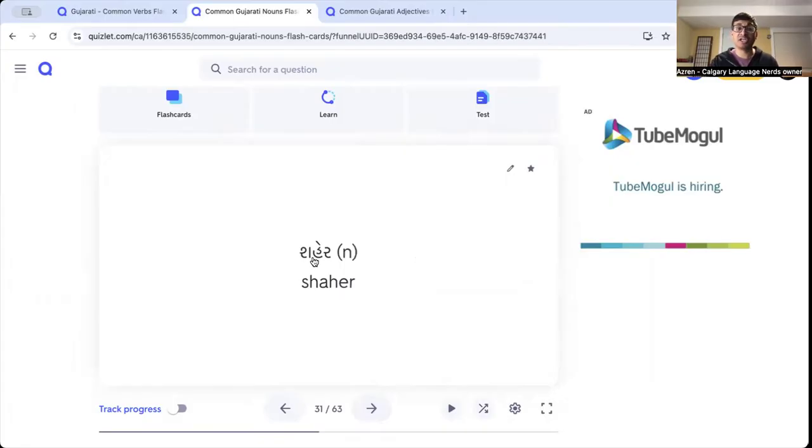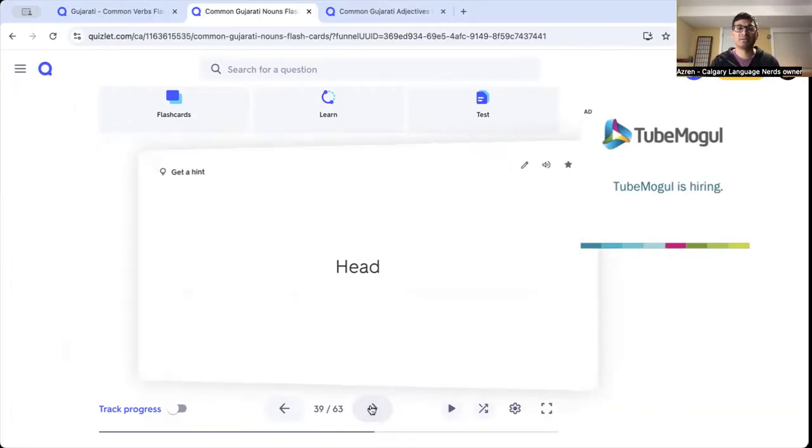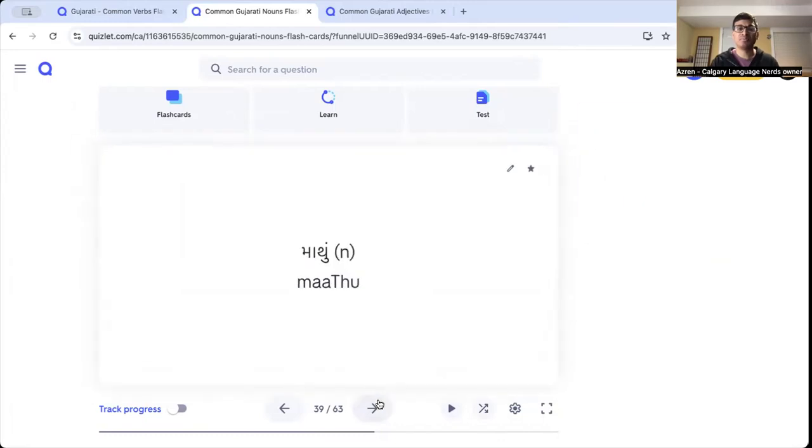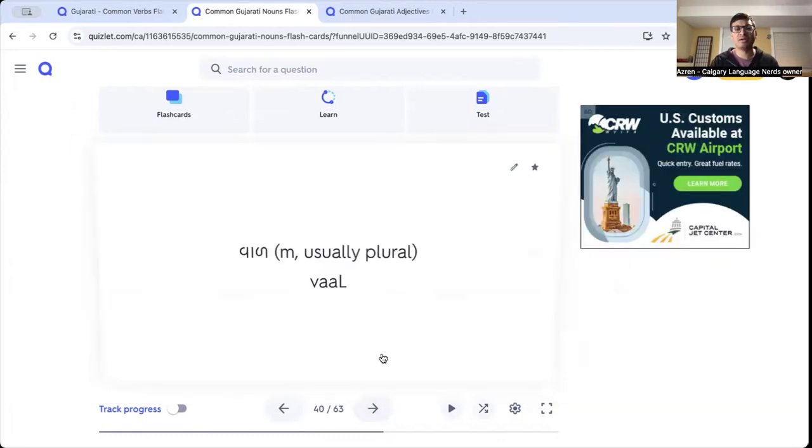It is spelled shaher, but usually pronounced sher. Village, gam. Store, dukan. Cow, gai. Bird, pakshi. Fish, machli. Car, gadi. Hand, hat. Head, mathu. Hair, var.